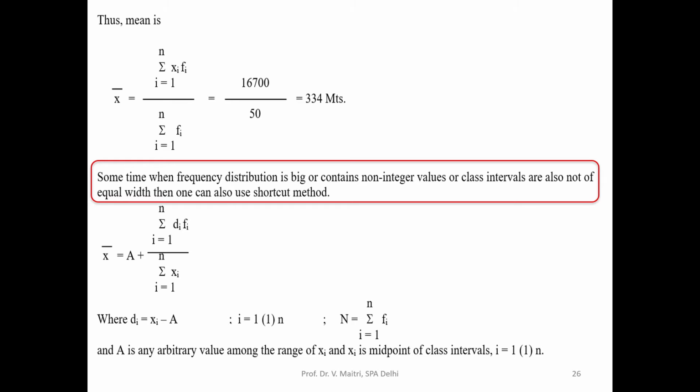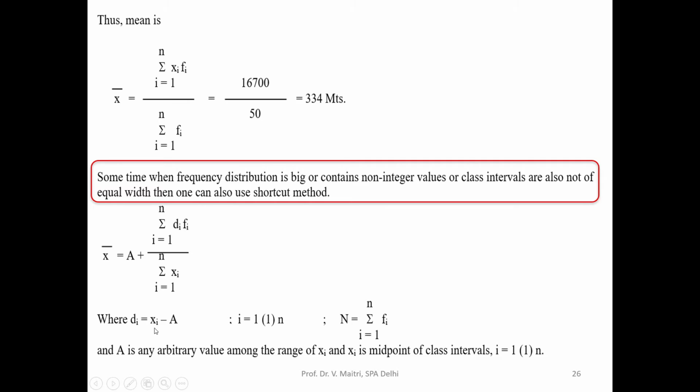Sometimes when a frequency distribution is big or contains non-integer values, or class intervals are not defined or not of equal width, then one can use the shortcut method. What is that shortcut method? X bar is equal to A plus, the formula is the same, but here it is Di, not Xi. What is this Di?